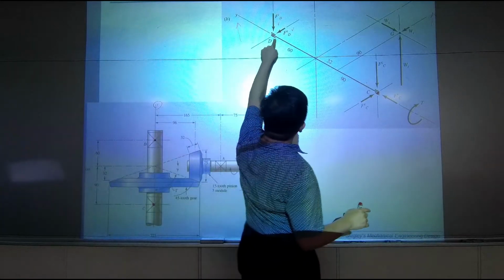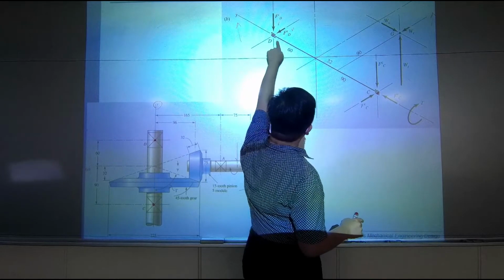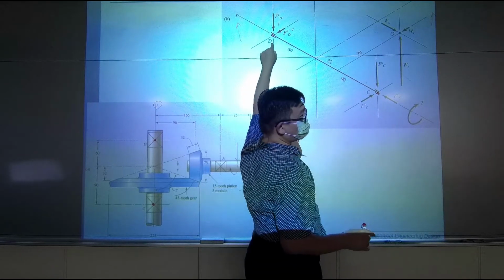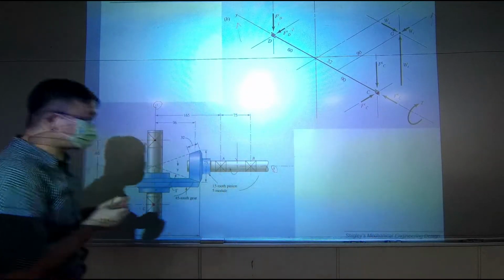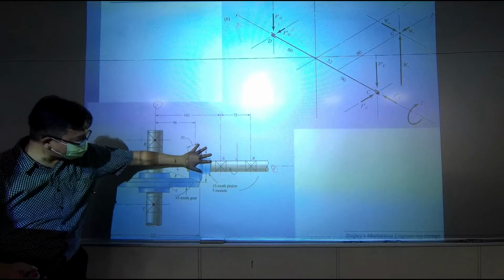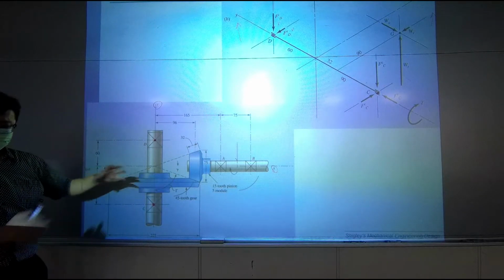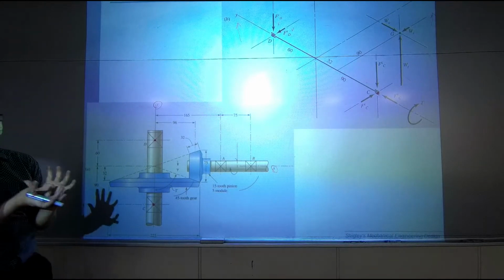We don't have the one that is parallel to the cylinder because this one doesn't carry the thrust. This one does. Okay? So the problem tells you when the force is pushing from this side to the bigger side, bearing C carries the load.